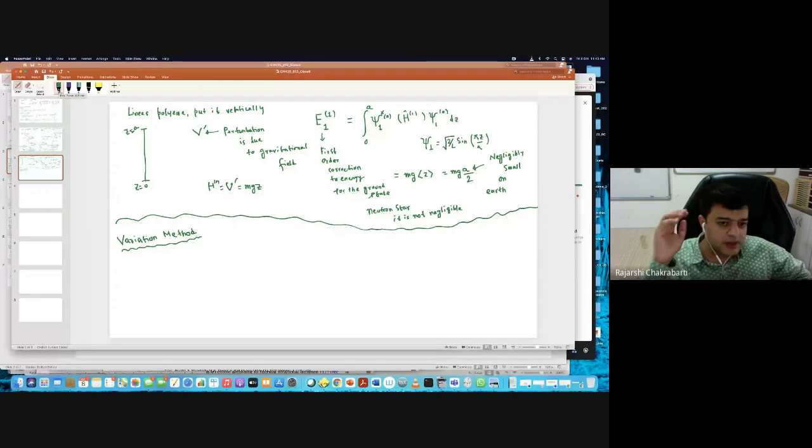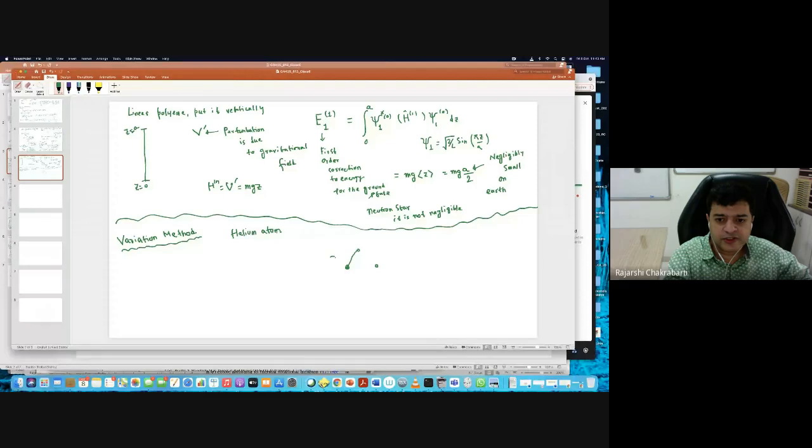So let us start with the helium atom. The helium atom is not exactly solvable, you know that. You have one nucleus and two electrons.